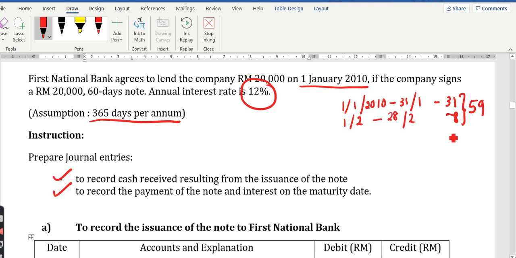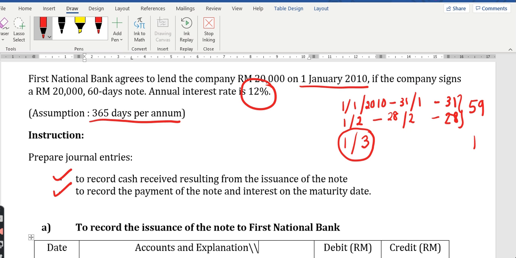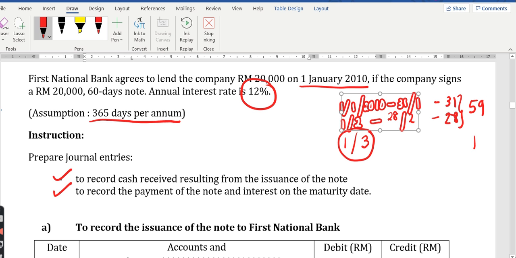So you need another 1 day. That 1 day is on the 1st of March. So 1st of March will be your maturity date, and 1st of January will be your issuance of notes payable.